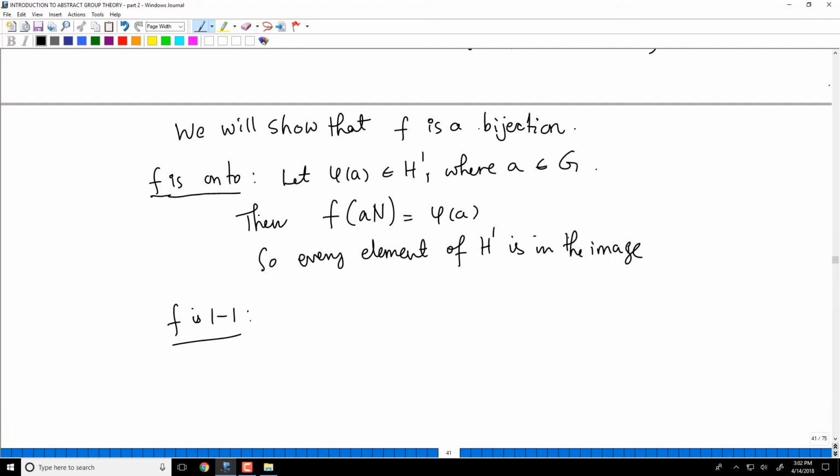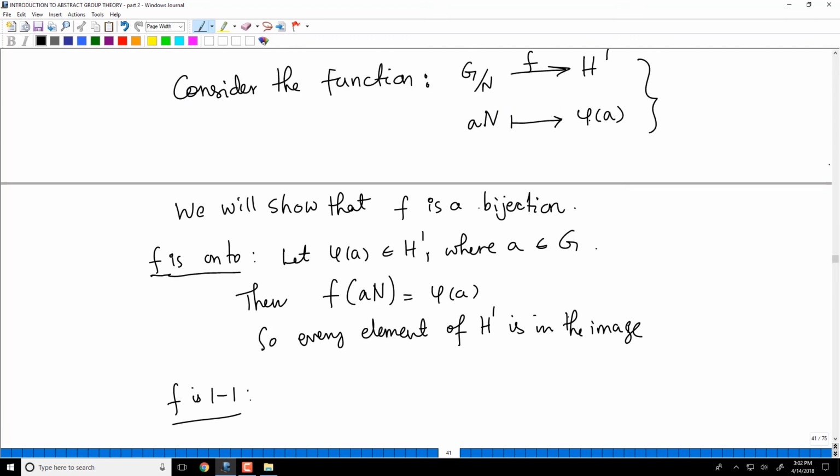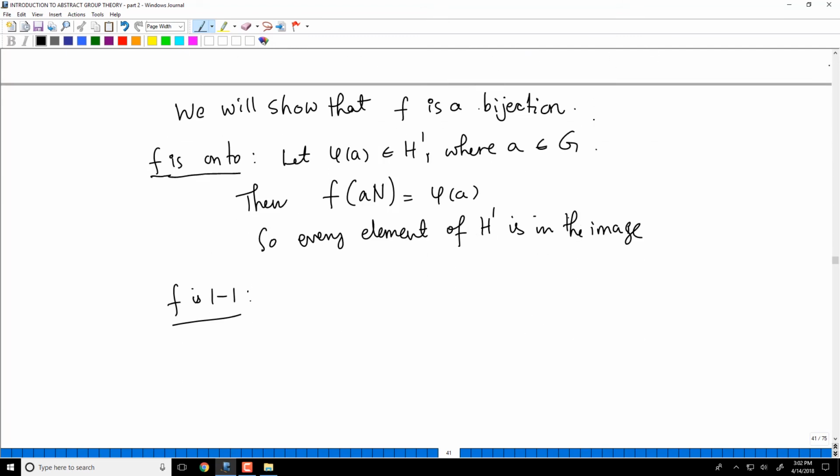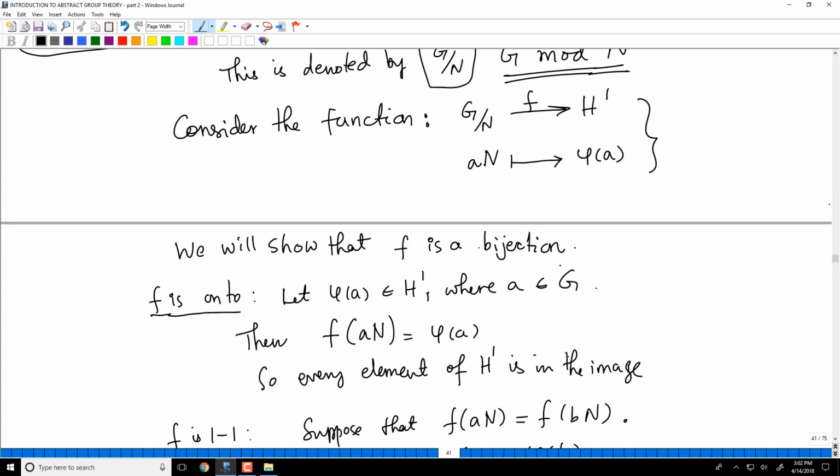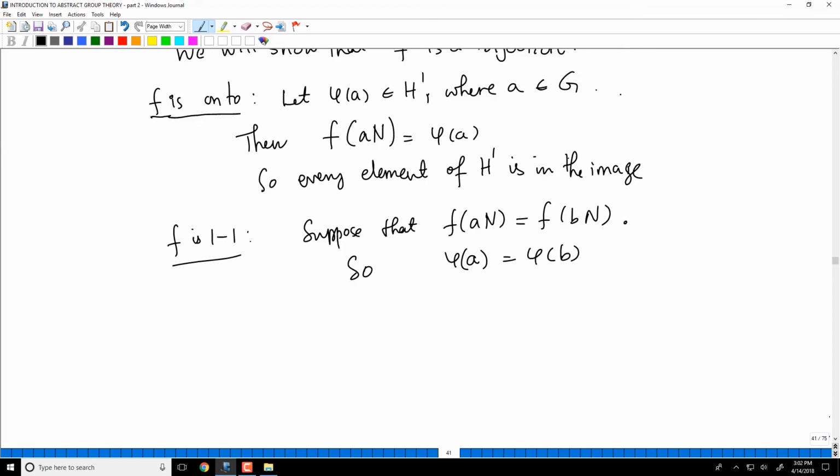Now we will show that f is 1-1. What is the meaning of 1-1? If two elements under f map to the same element, those two elements are equal. So suppose that f of aN equals f of bN. So take two cosets which have the same image under f. This means phi a is equal to phi b, because f of aN is by definition phi a and f of bN is by definition phi b.